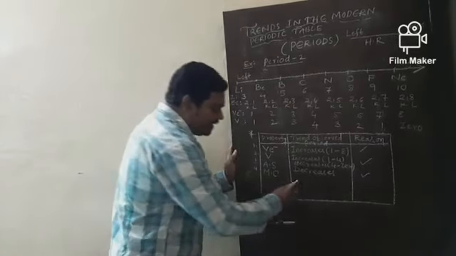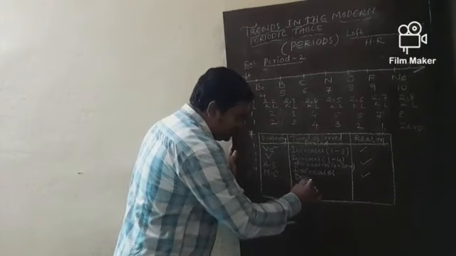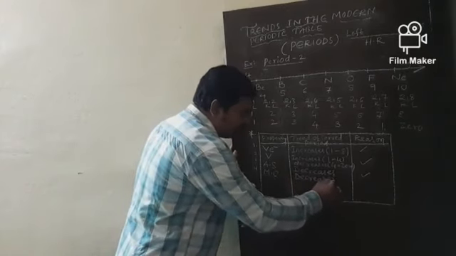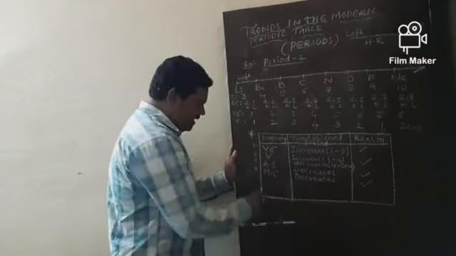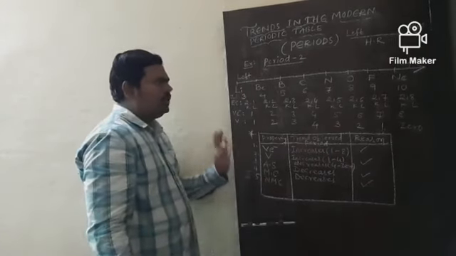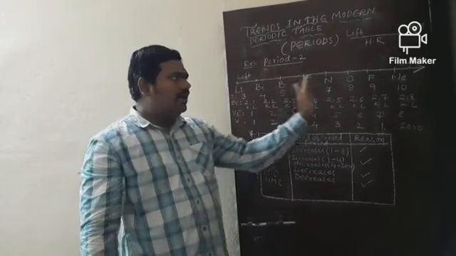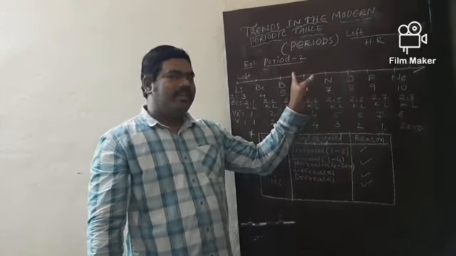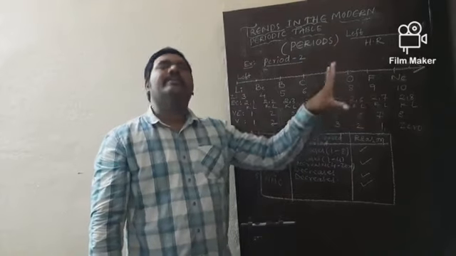Because of that, metallic character decreases from left to right. And what about non-metallic character? Quite the reverse. Non-metallic character in any period increases from left to right.